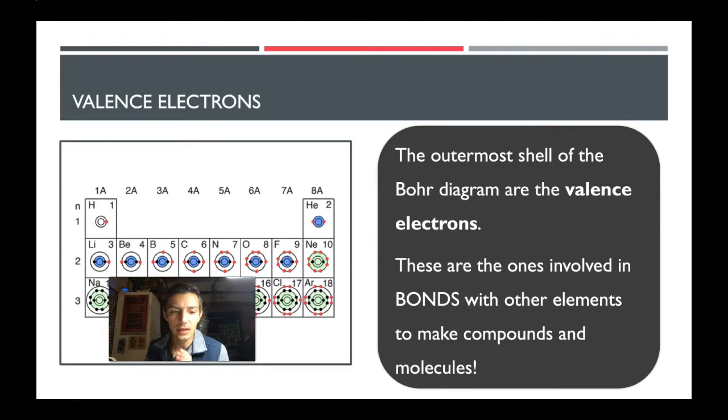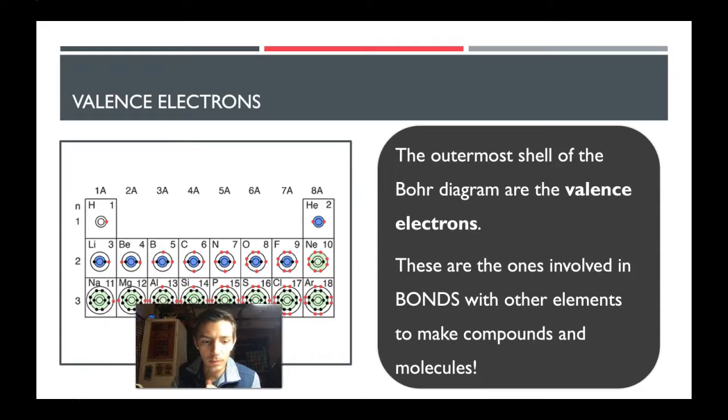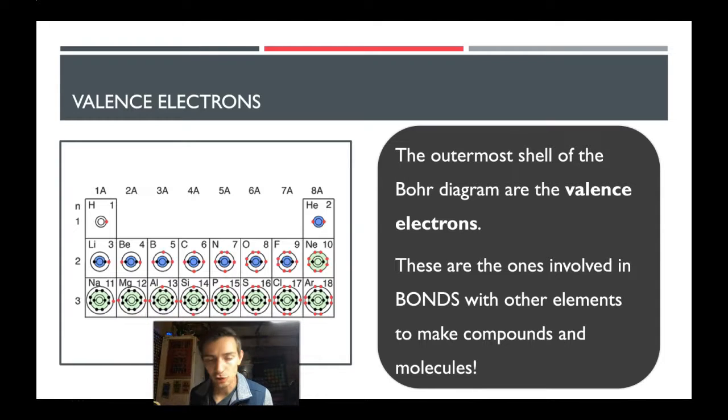Now that we've got the concept of what a Bohr model looks like and how it's constructed, now I want you to be able to read a Bohr model chart, as you see right above my head here, that shows all of the electrons placed in their Bohr model diagrams and arrangements, and this concept called the valence electron, okay? The valence electrons are shown here in red.